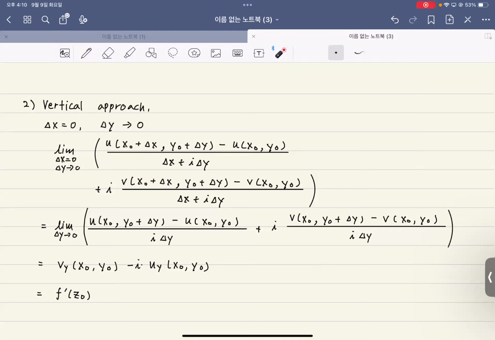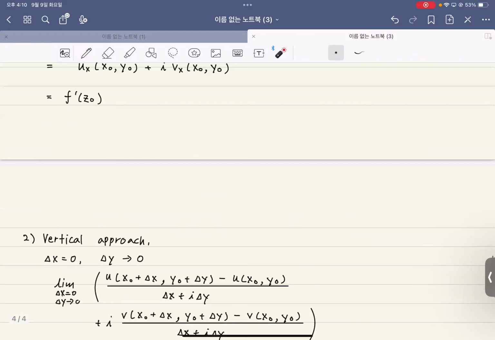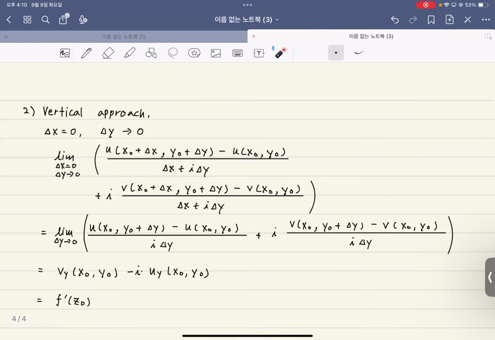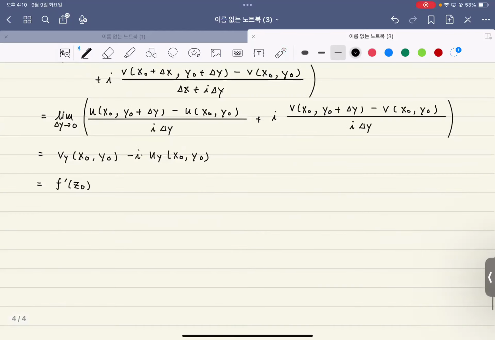Okay, now things are getting more interesting, because this number and that number, these two numbers, represent the same thing, the derivative of the function f at z0. Therefore, these two numbers must be the same.